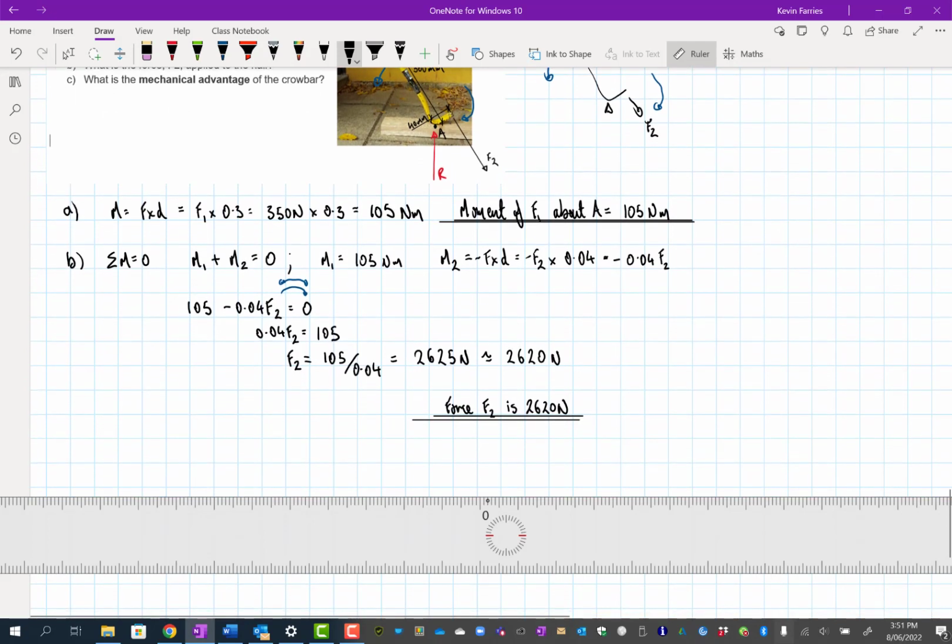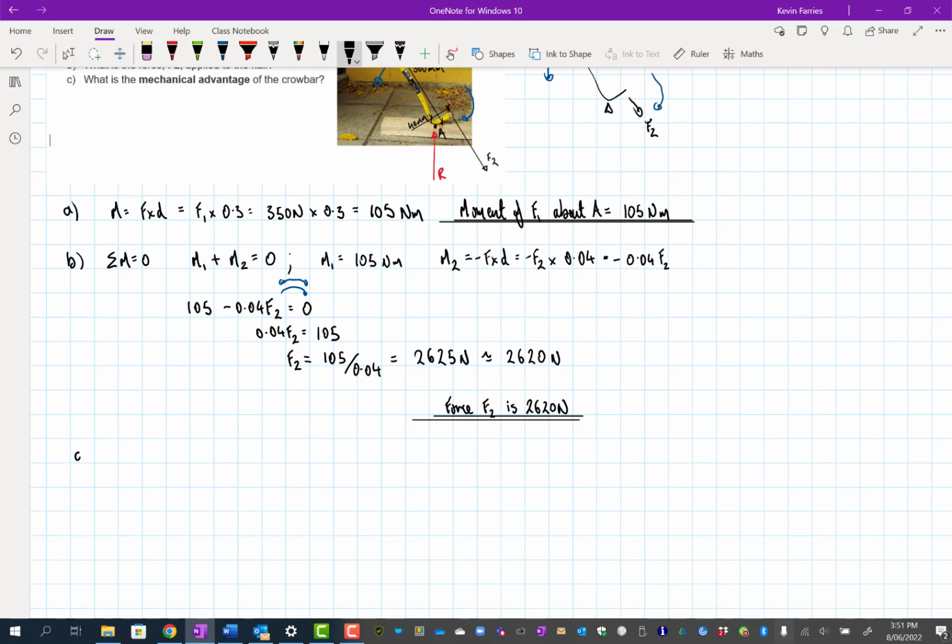C, what's the mechanical advantage of the crowbar? So mechanical advantage is just how much you multiplied the force. So we just take F2 divided by F1.